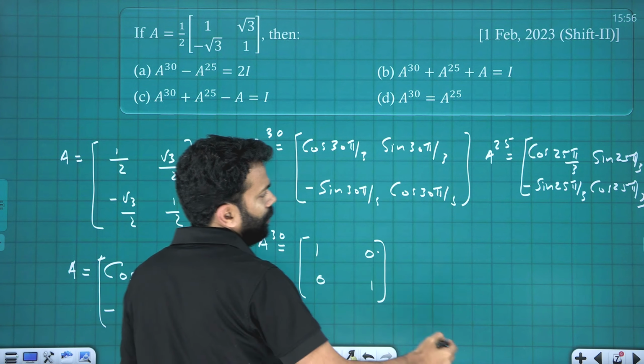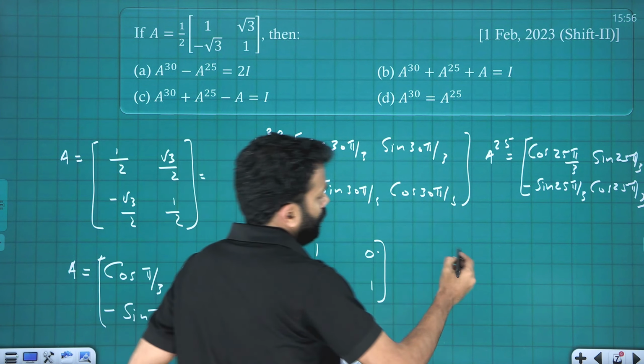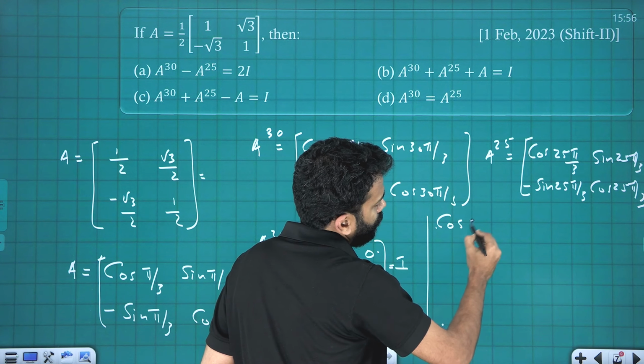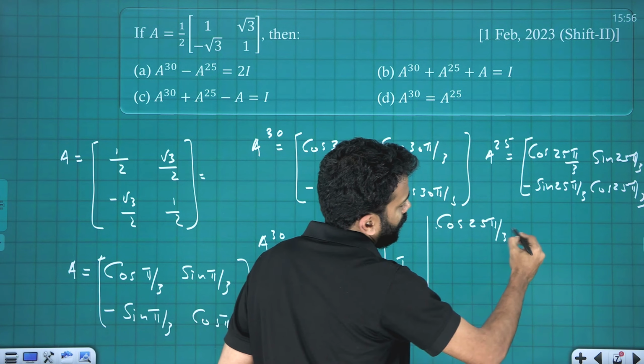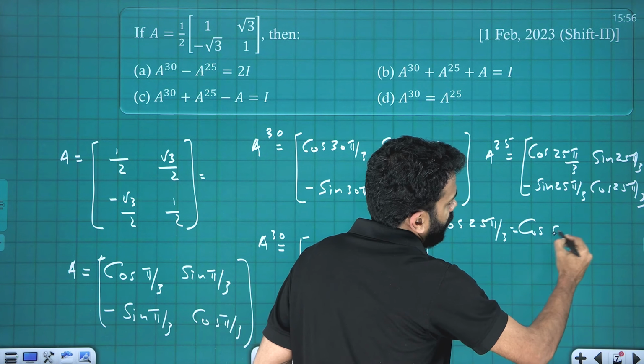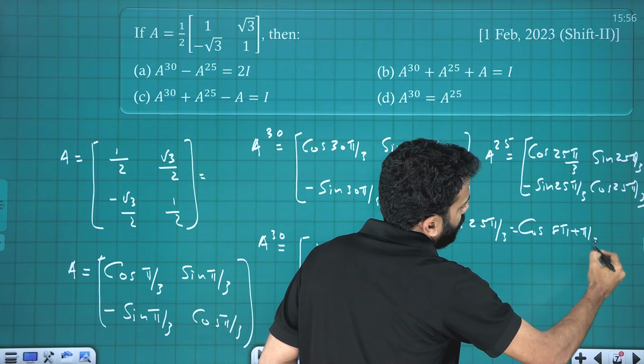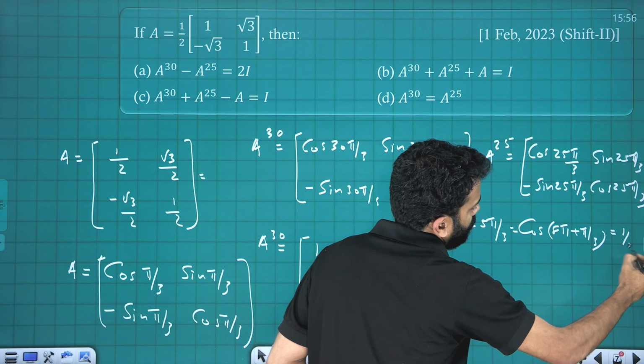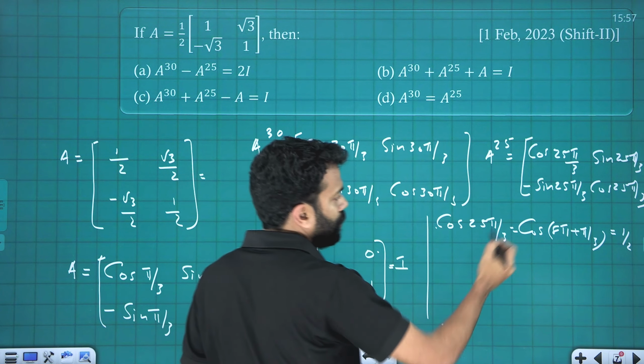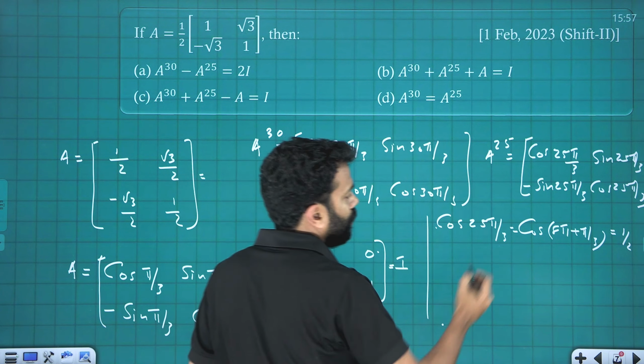Okay, we can do it here. That is A raised to 30 is equal to identity matrix. Okay, therefore cos 25 pi by 3, that is cos of 8 pi plus pi by 3, and that is 1 by 2, right? Yes, in the first quadrant. Like that, what is sin 25 pi by 3? Sin 25 pi by 3 is root 3 by 2.